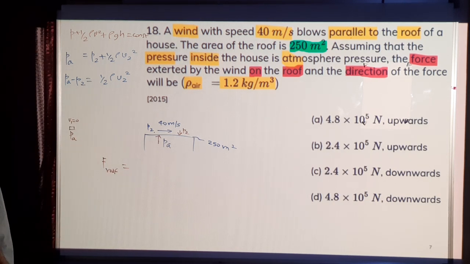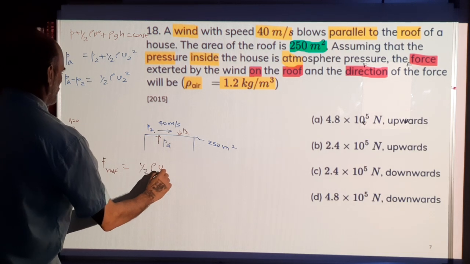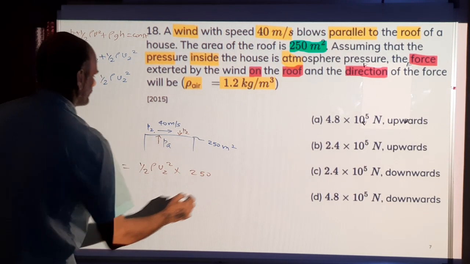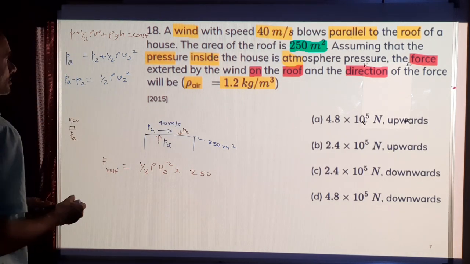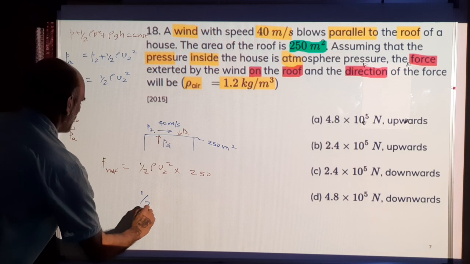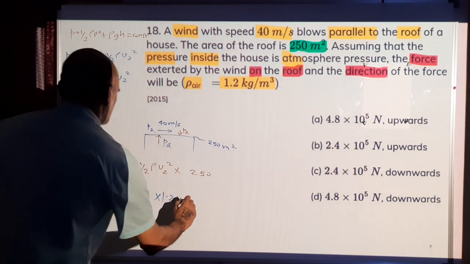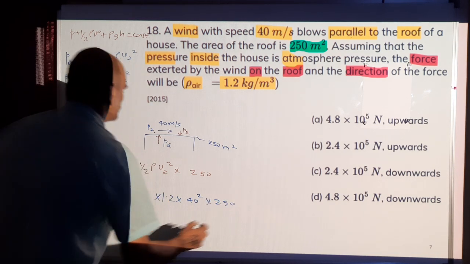into the area of the roof, that's 250 in SI units. Density of air is 1.2 in SI units. So half into 1.2 into the velocity, 40 square, into 250.